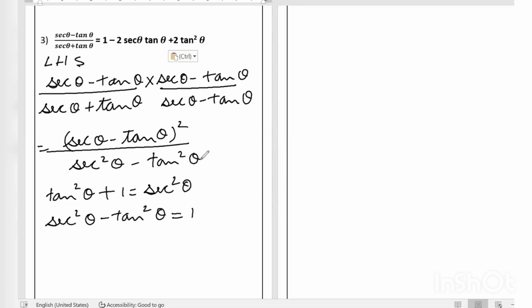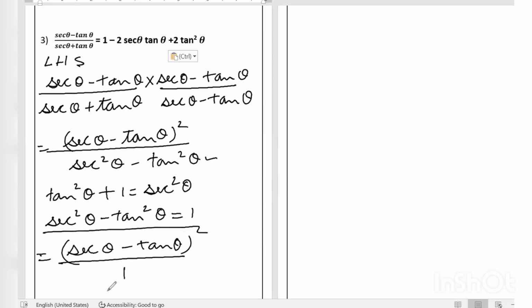Now putting this value in this denominator, we will have sec theta minus tan theta whole square upon sec square theta minus tan square theta, which is 1. So 1.